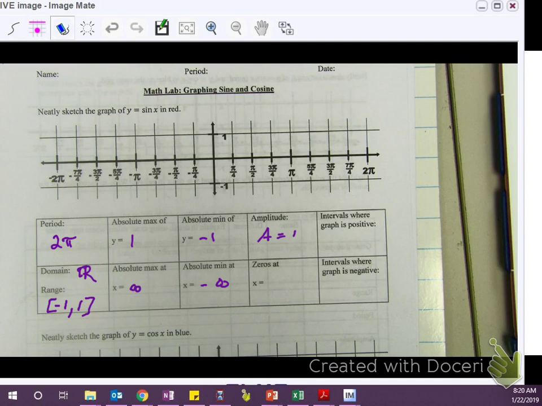Sine has zeros at 0, pi, and 2 pi. But they continue on and on and on forever. So what we do is we write this as x equals n pi plus pi.